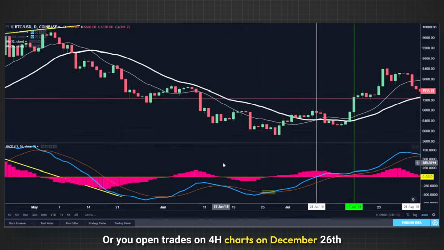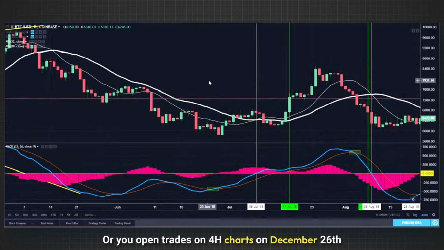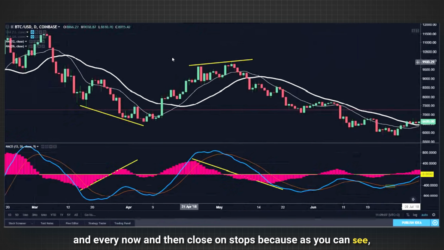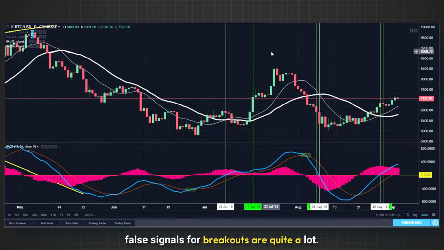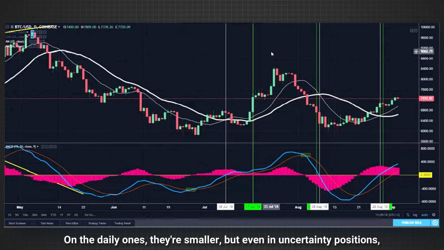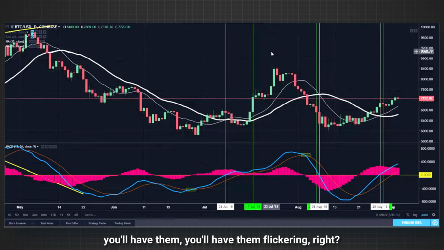Or you open trades on 4H charts on December 26th and every now and then close on stops because, as you can see, false signals for breakouts are quite a lot. On the daily ones, they're fewer, but even in uncertainty positions, you'll have them flickering, right?